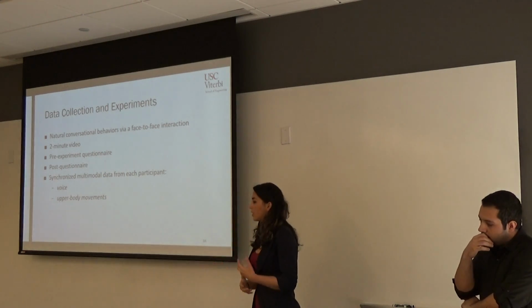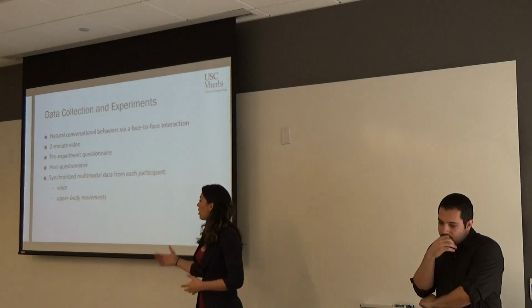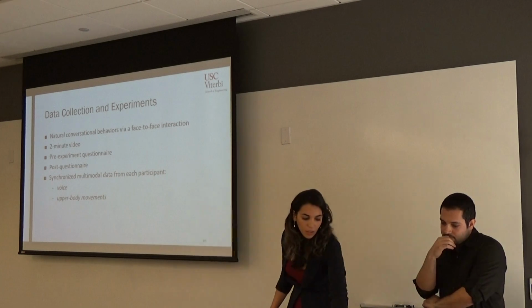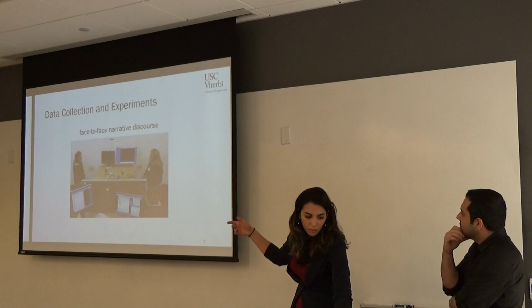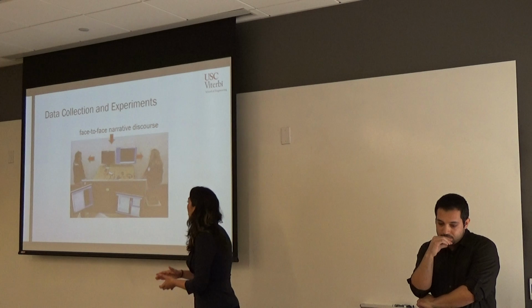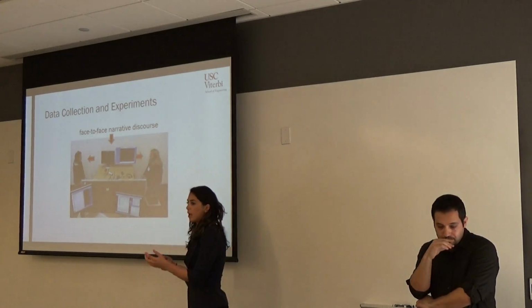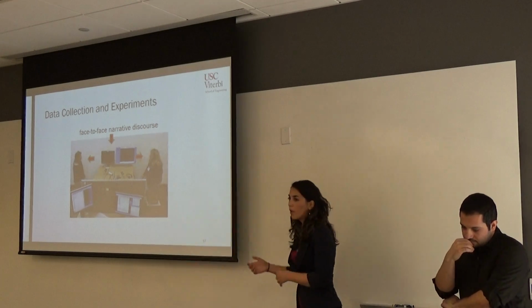During the conversation, just like the monologue, voice and upper body movements of both participants are recorded. So here, this is how the setup looks. As you can see, there are cameras in front of the participants and one up ahead. So the speaker starts telling the story, and features like the back channels of the listener are recorded at the same time.